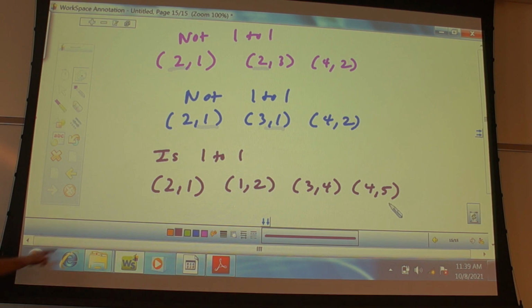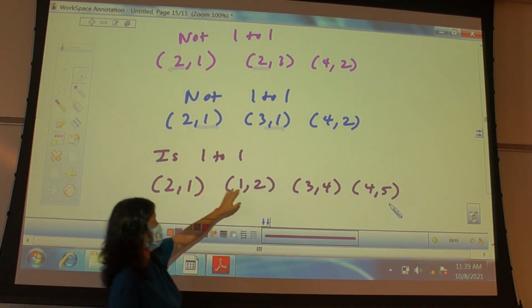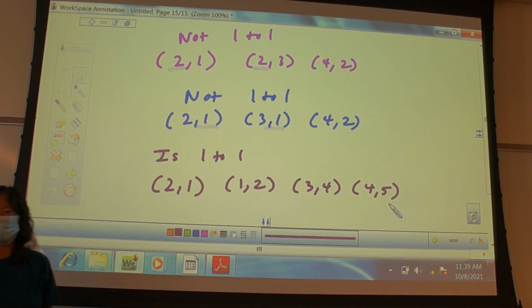Every x has only one y. There's no repeats of the x's. There's no repeats of the y's either. Each y only has one x.